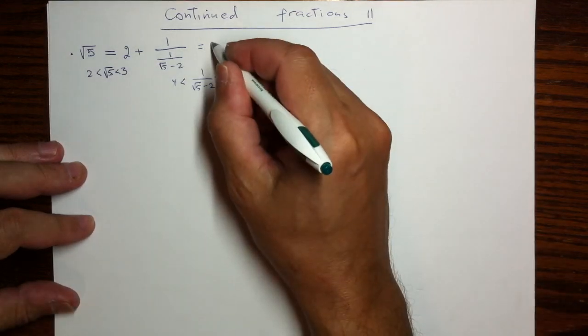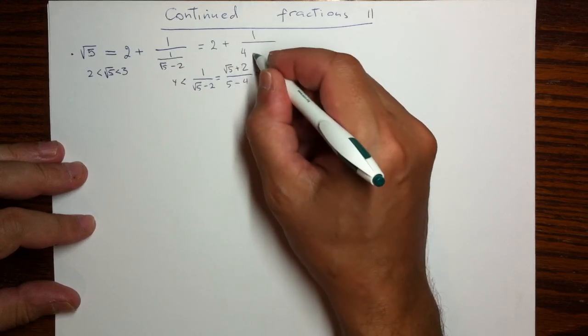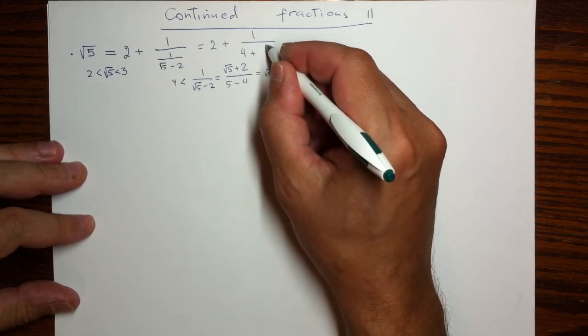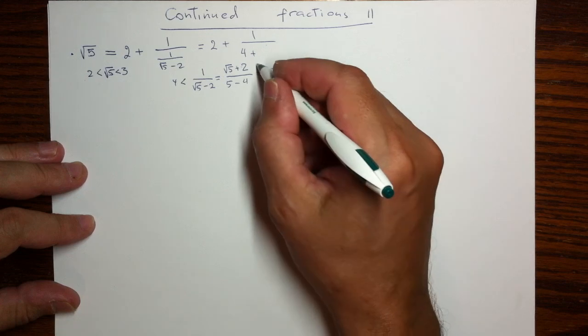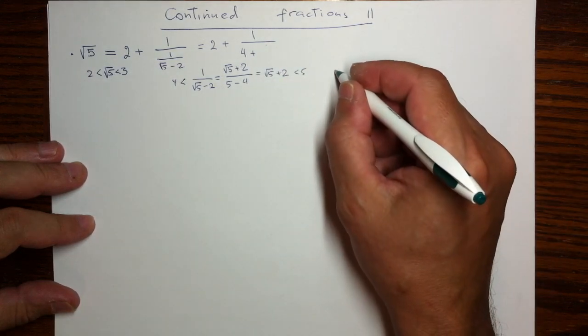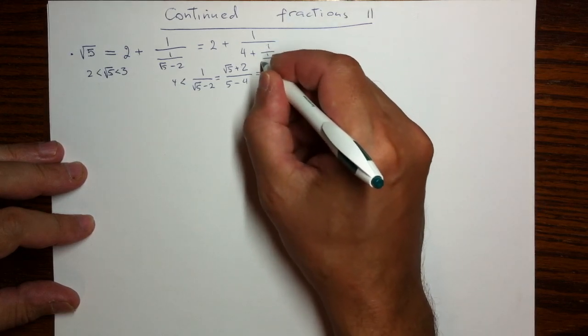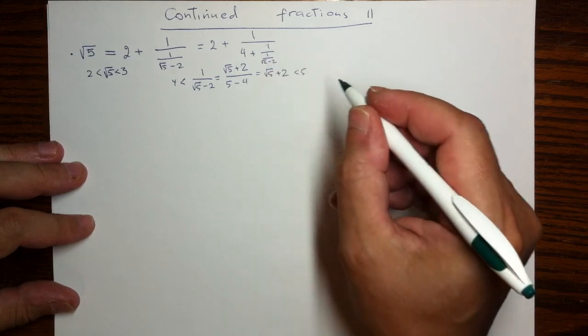And so the integer part of that number is 4, and then we continue writing the fractional part of this number, which is square root of 5 minus 2, as 1 over 1 over square root of 5 minus 2.